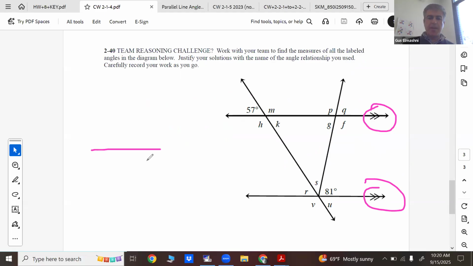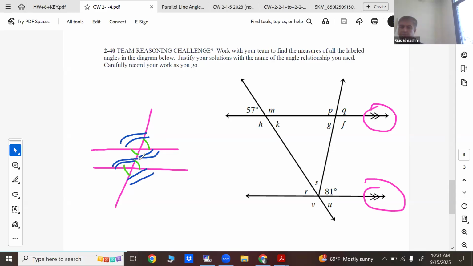So remember parallel lines, to help you guys out, remember, these are the same, and then these are the same. Just keep that in mind.